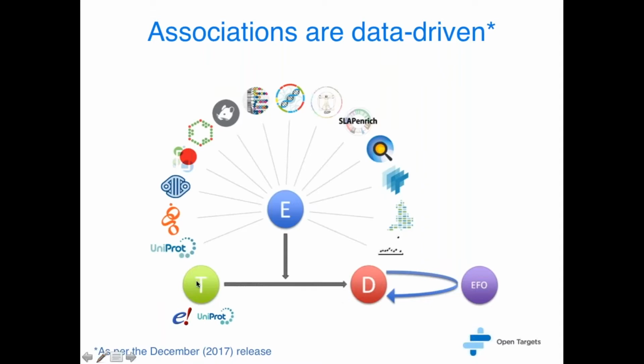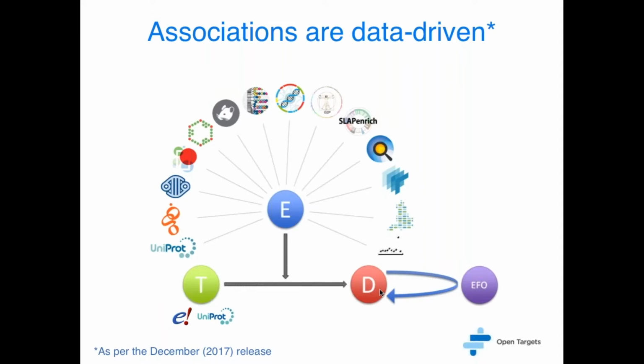So we've got targets coming from Ensembl and UniProt. So we use Ensembl gene IDs as proxies for drug targets. And we also work on diseases and we fetch them through the EFO.